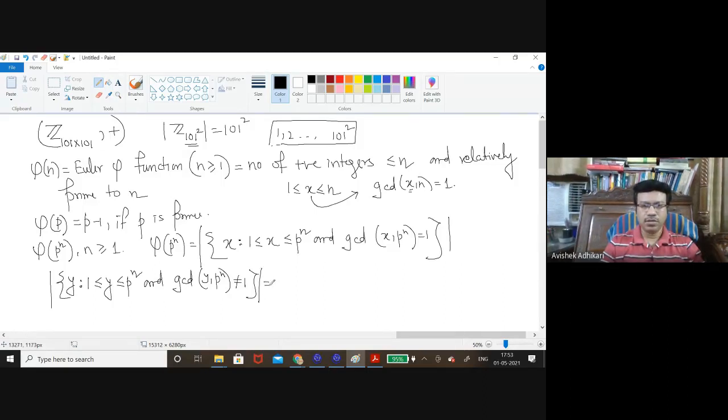What is the speciality of this y with respect to the prime p? Remember, the GCD of y and p to the power n is not equal to 1, and p is a prime.